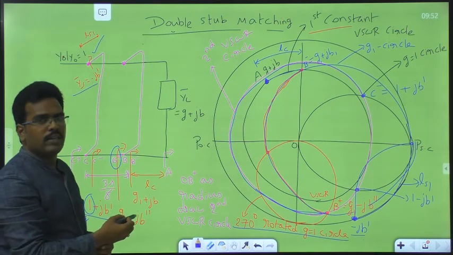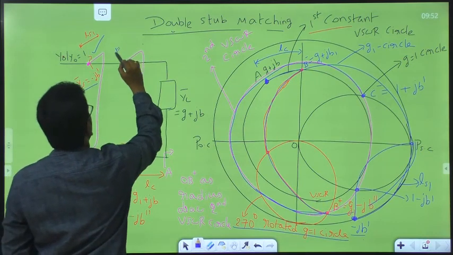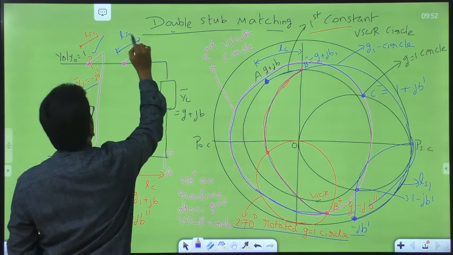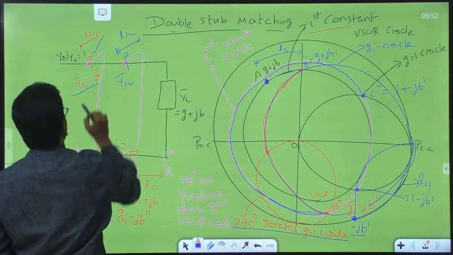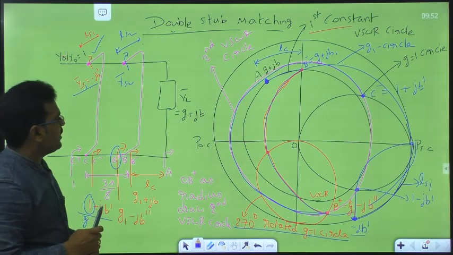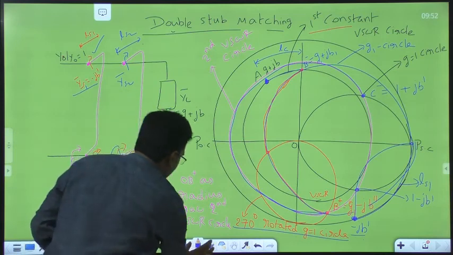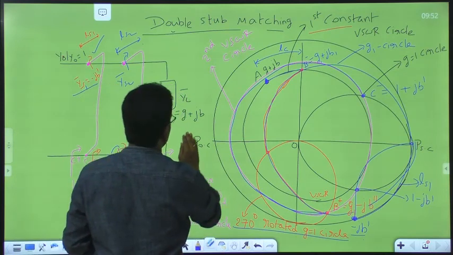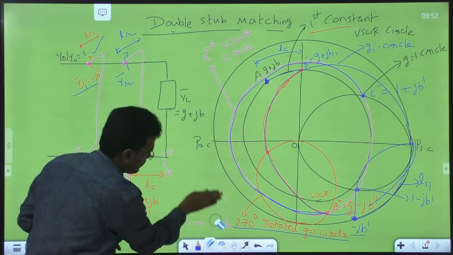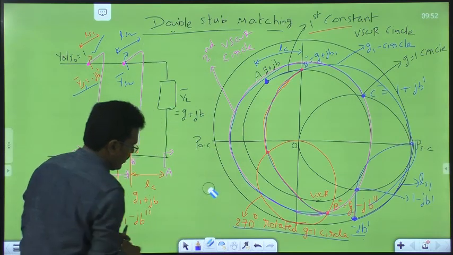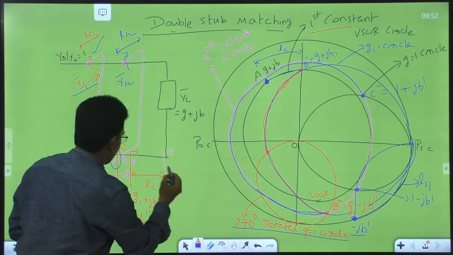Next, you have to find the length of step 2 and normalized step admittance 2. To find this, you have to use some mathematical equations. How to find the step admittance?